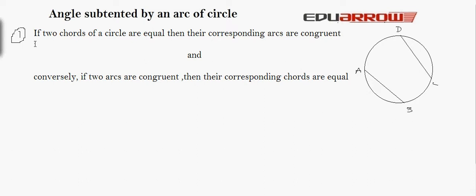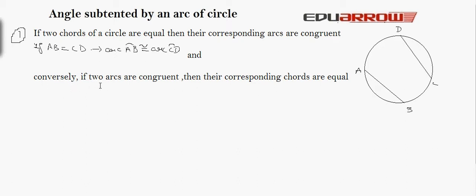So we can write here, if AB is equal to CD, then arc AB is equal to arc CD, or we can say arc AB is congruent to arc CD.